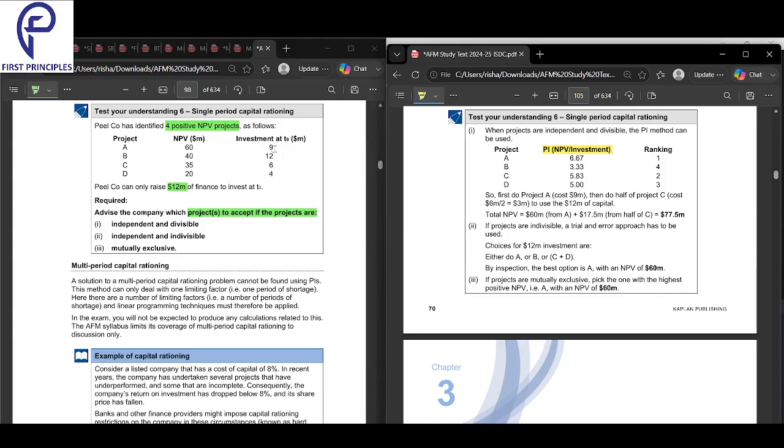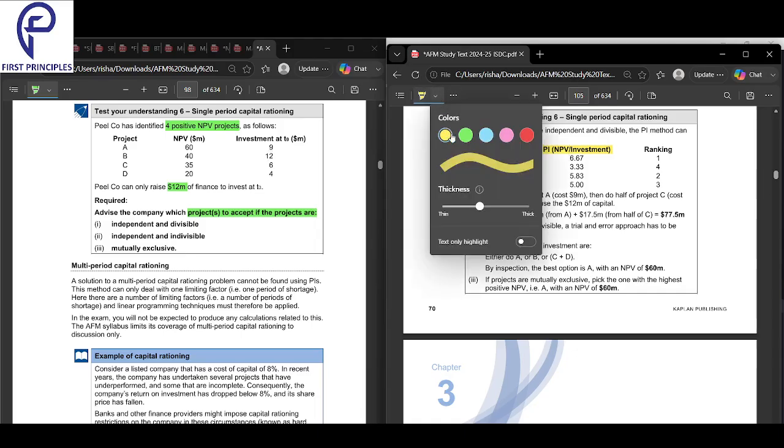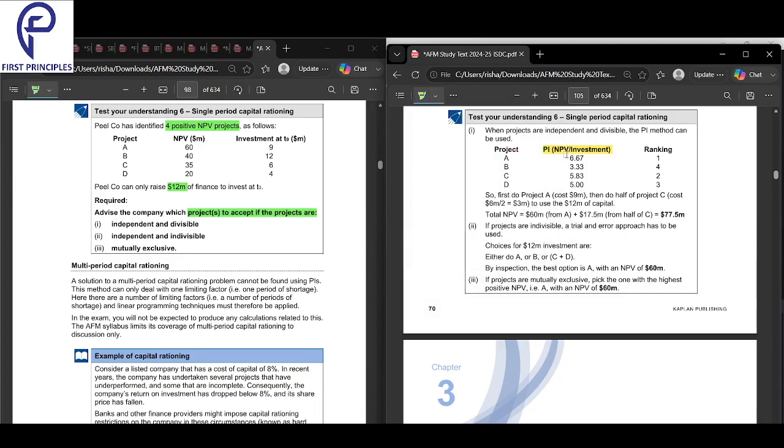Let's quickly do this here. Just do 60 divided by 9. So this is your NPV per dollar, 6.67. Quickly do the same for B, and for C. Perfect.